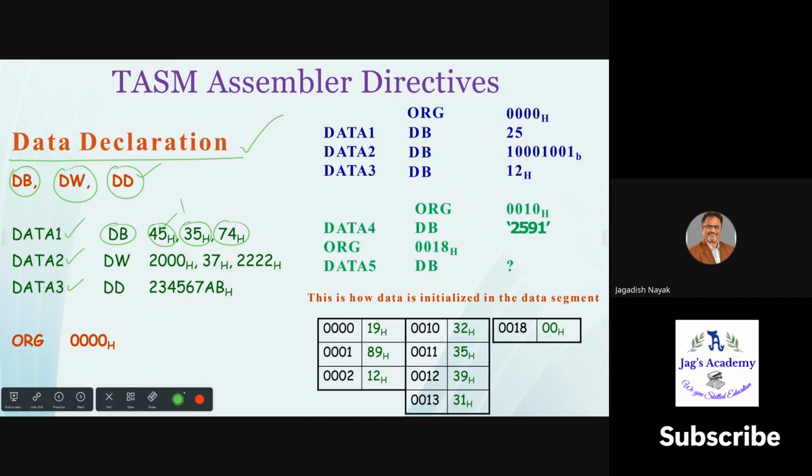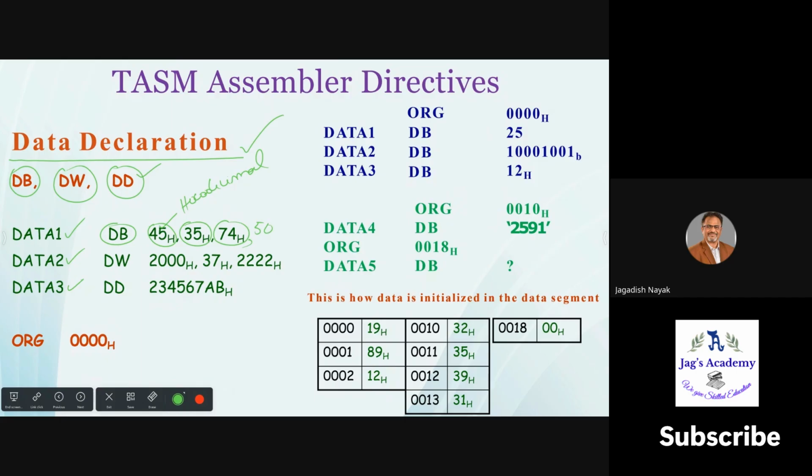See, these are all hexadecimal data, right? So your microprocessor keeps every data as a hexadecimal data. Suppose you put a comma here, and now you put only 50. You don't put H.